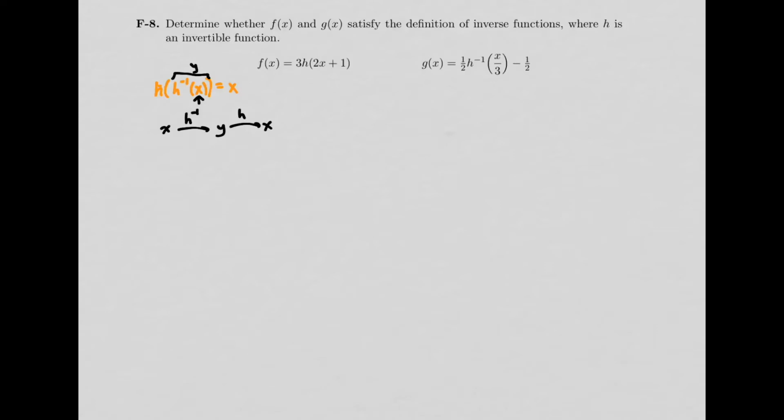So when I have an inverse function, both compositions work. h composed with h inverse cancels, and h inverse composed with h cancels. The second one would be x is the input to h, that creates some other value, and then we take that, use the inverse function, and we end up coming back. So it's the effect of functions that are undoing one another.